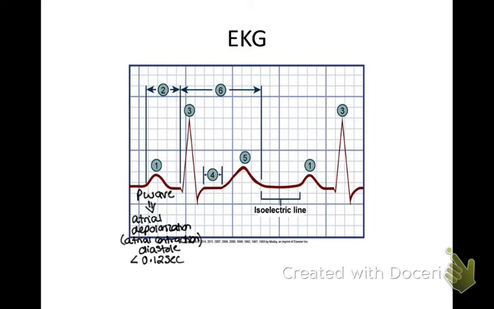When we think about the heart, we have your tiny atrium and your big old ventricle, right? So, when the atrium gets depolarized and gets positive and contracts, it has just a small little blip. So that's number one, the P wave. That's the atrium becoming depolarized and contracting. This is happening during diastole.